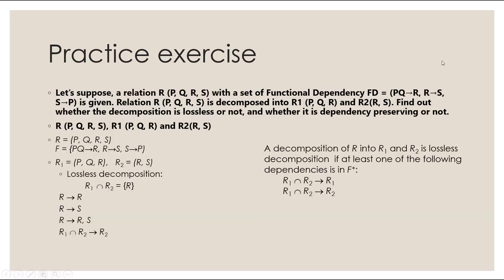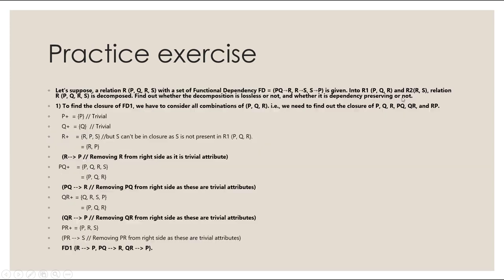Let's see if any of these dependencies were lost. I'll do it the quick way. PQ determines R. Let's see if we can find P, Q, and R in R1 or R2.